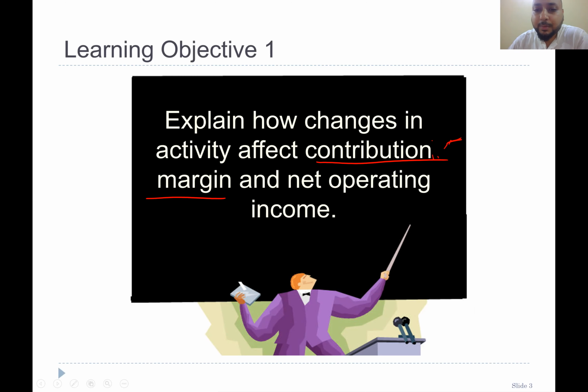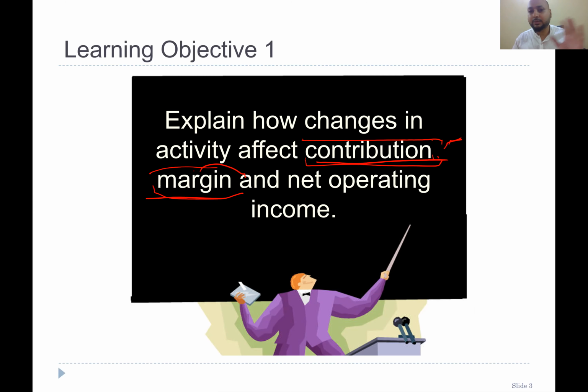So try to derive the definition by just looking at the word. Contribution margin: how much this contributes to the profit. That's it, right? Many students were terrified or horrified by these kinds of big jargon.